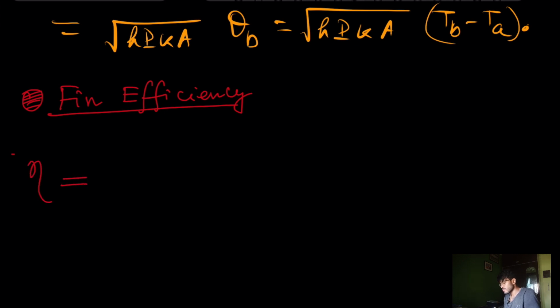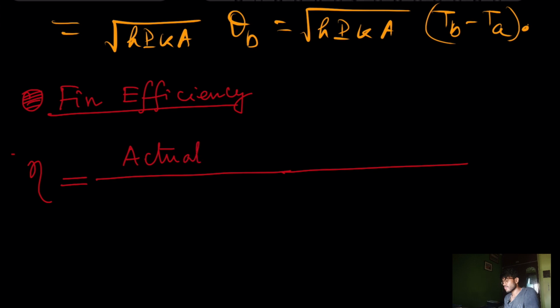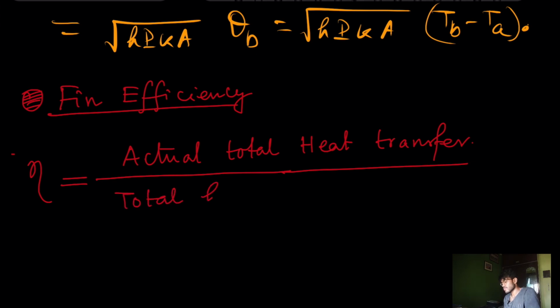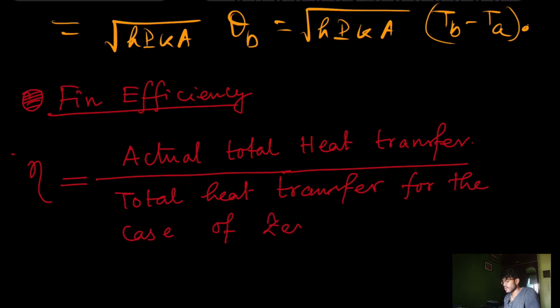So therefore I can write that fin efficiency, eta, is the ratio of actual total heat transfer obviously from the fin, because we are analyzing the fin, by total heat transfer for the case of zero thermal resistance.